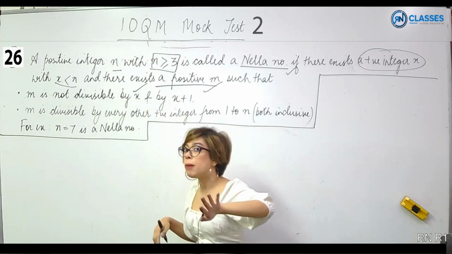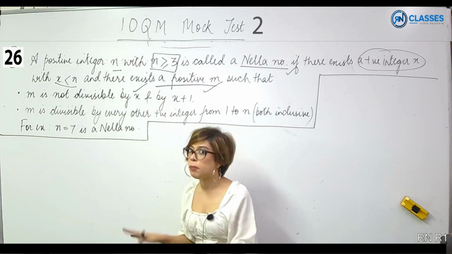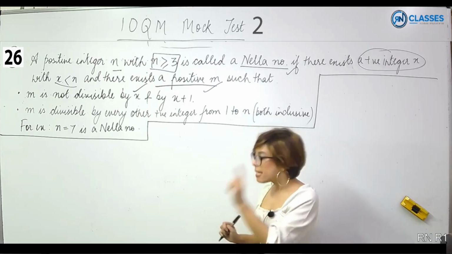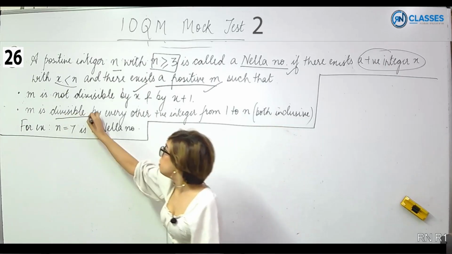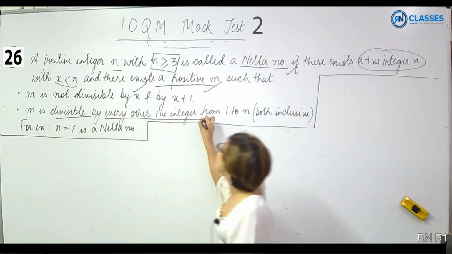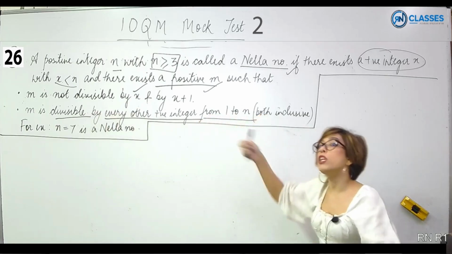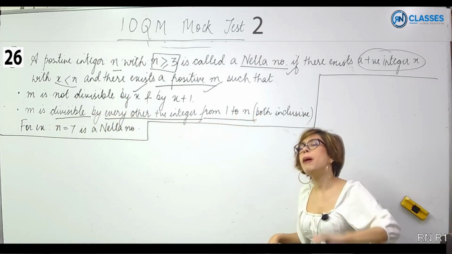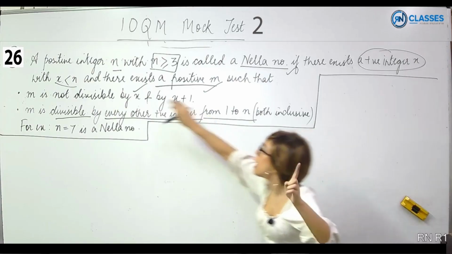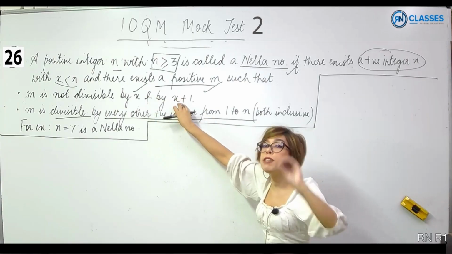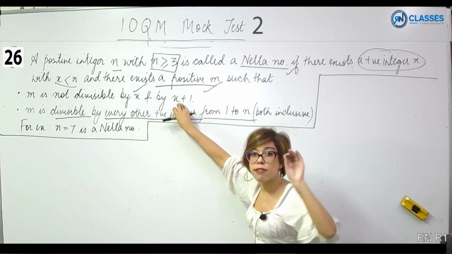M is not divisible by x and m is not divisible by x plus 1. Second condition, m is divisible by every other positive integer from 1 to n, both included. That means except for x and x plus 1, it should be divisible by every other positive integer.